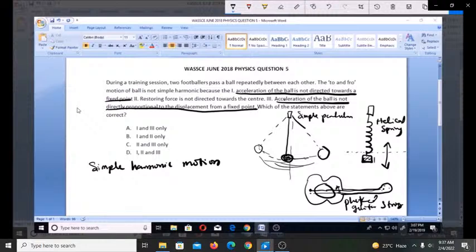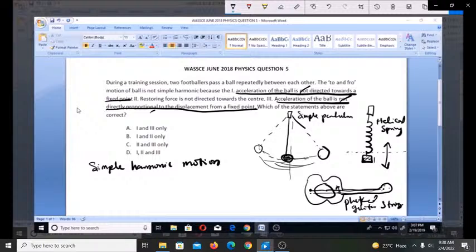So these are the two things that make something a simple harmonic motion: the acceleration is proportional to the displacement, and the acceleration is directed towards the center. So if you are talking about simple harmonic motion, this "not" and this "not" here should not be there. But actually, these are the things considered.